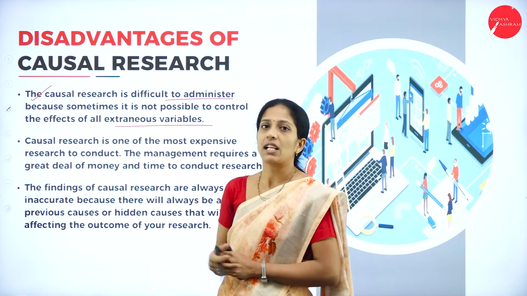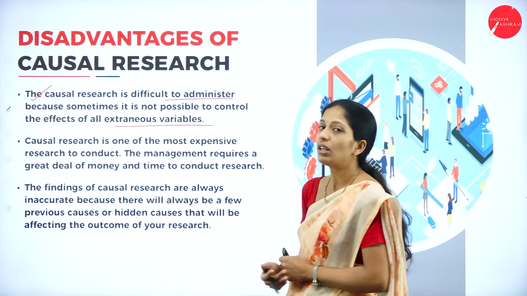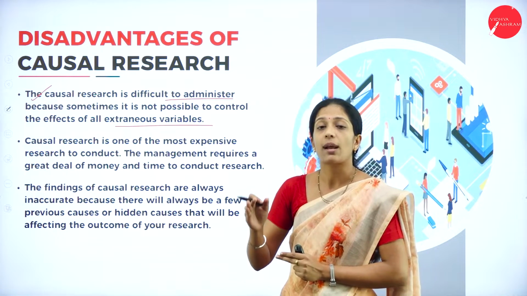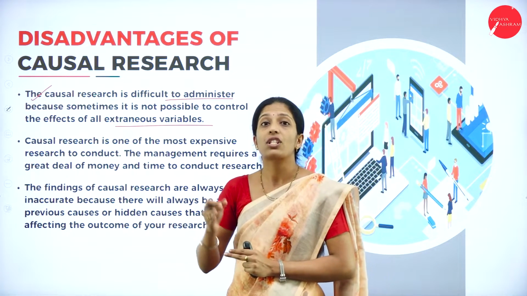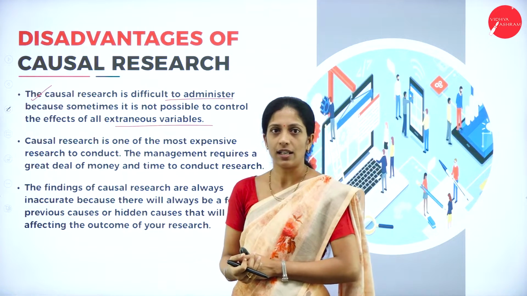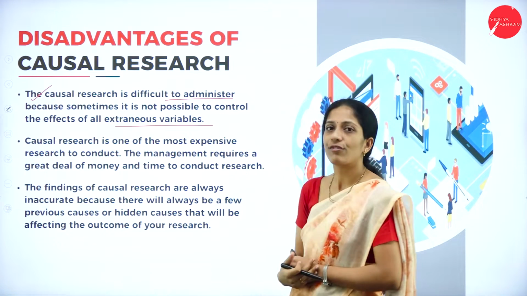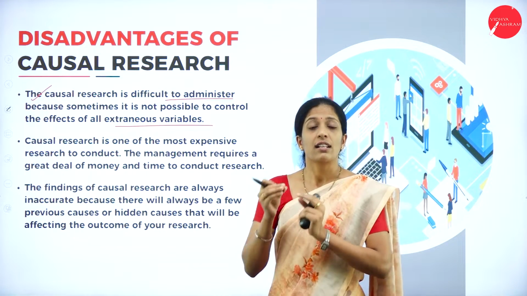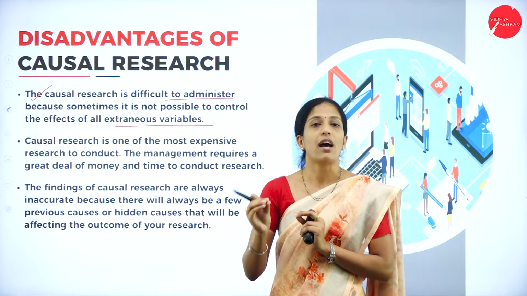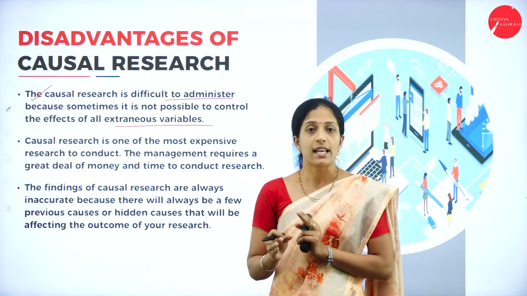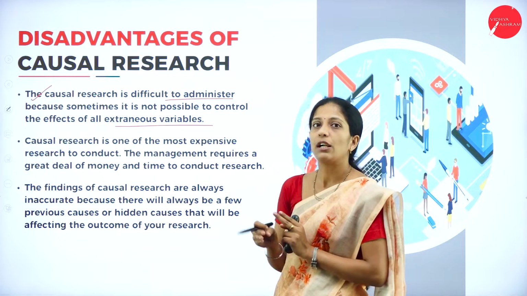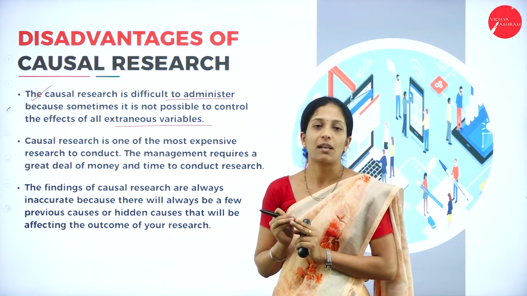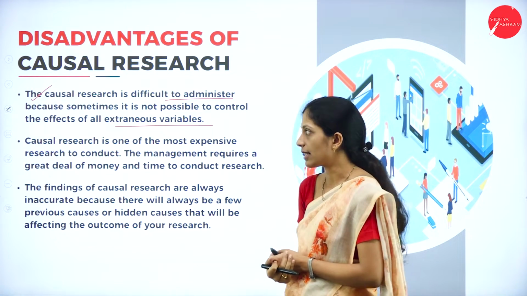Under experimental research, it is very difficult to administer such external variables which are uncontrollable in nature. So this would be the first disadvantage: the researcher cannot control the uncontrollable factors. At the same time, it is highly difficult to administer such variables under causal research.